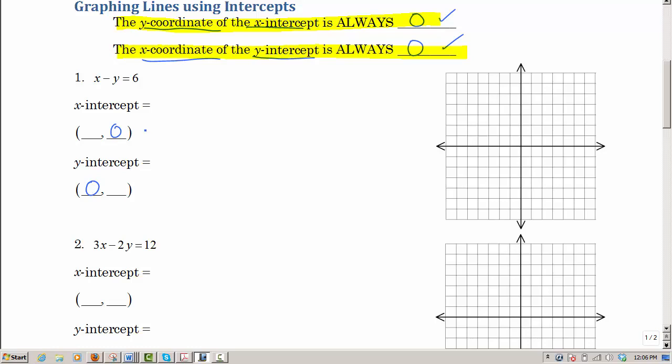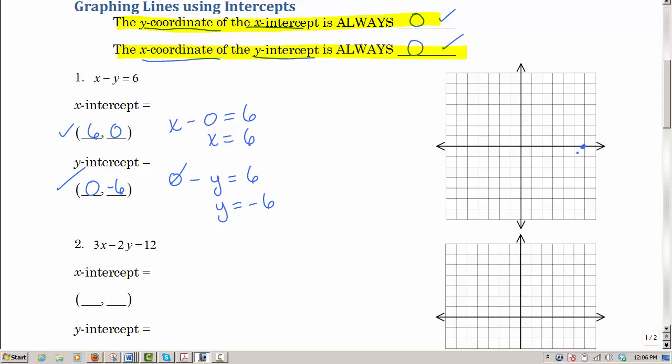So we're going to let y equal 0 and solve for x. Easy arithmetic. Here we're going to let x be 0 and solve for y. So we're just going to divide by negative 1. And then we're going to plot those 2 points.